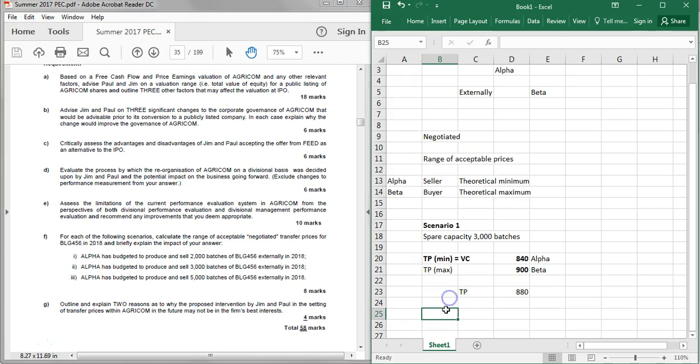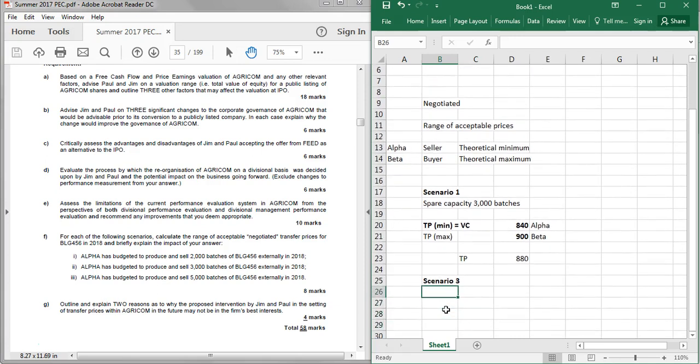So let's look at the next scenario. Now, the next scenario I'm going to look at is scenario 3. We're skipping scenario 2 because that's a bit trickier, and we'll come back to that. In this case, there's no spare capacity. Alpha currently produce and sell 5,000 batches externally, so they have no spare capacity. They're currently operating at full tilt.